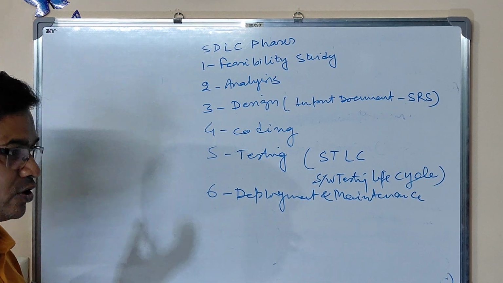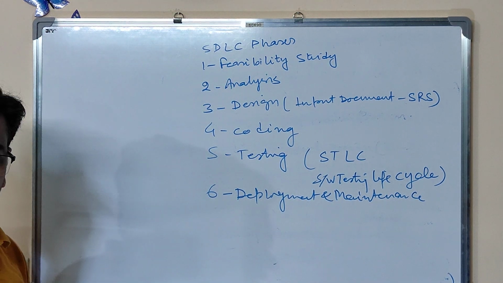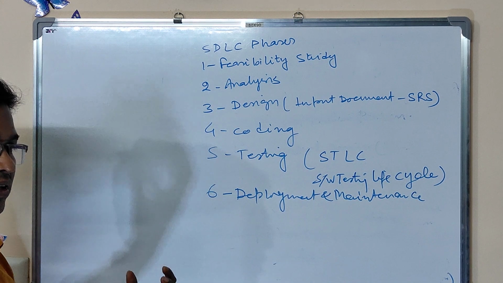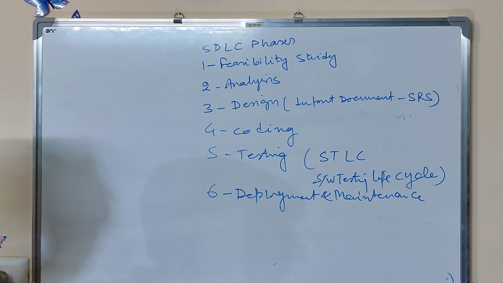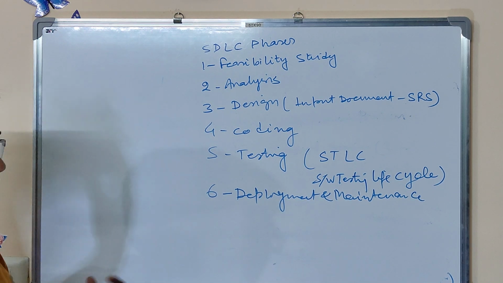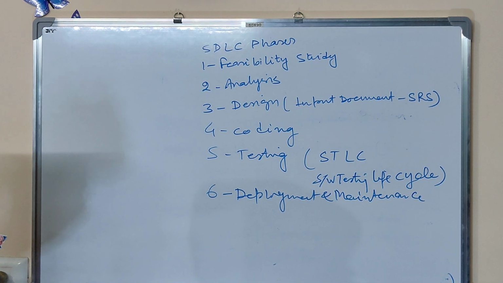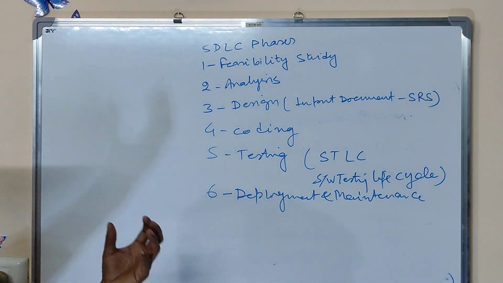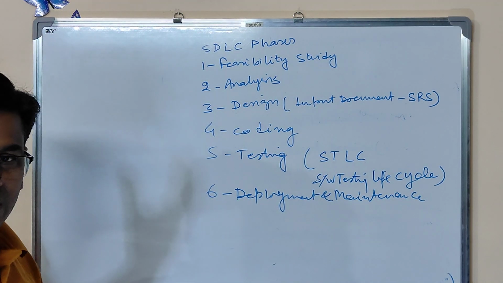If we want to make our application more successful, live for long, always getting consistent quality and consistent feedback from the customer end, we need to do maintenance. So every organization has a separate maintenance team whose objective is to take feedback from the clients. Based on the feedback, they make some modification in the application.